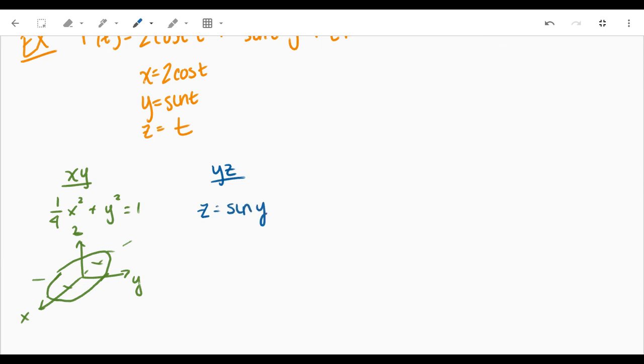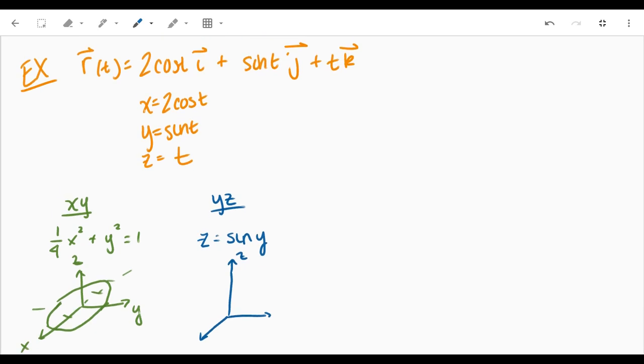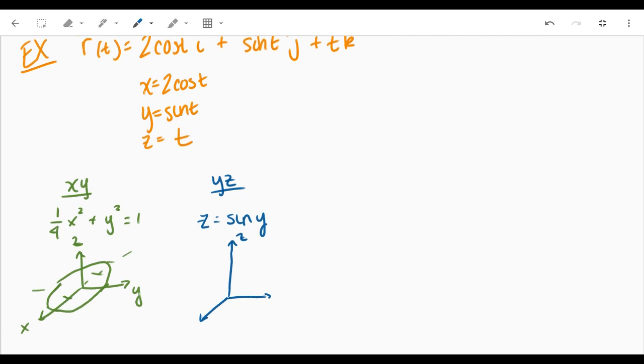So in the yz plane, and this is weird, you have a, let me make sure I get this right. You have a sine curve. And it goes like, let me think here for a second.